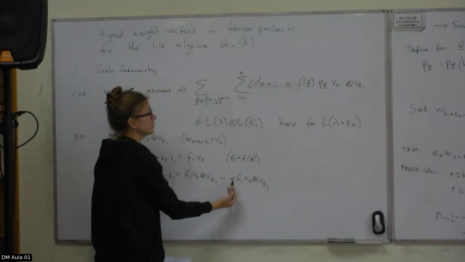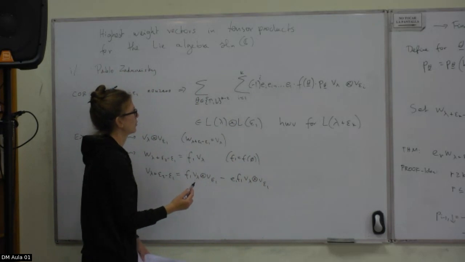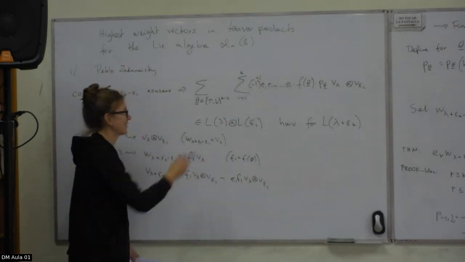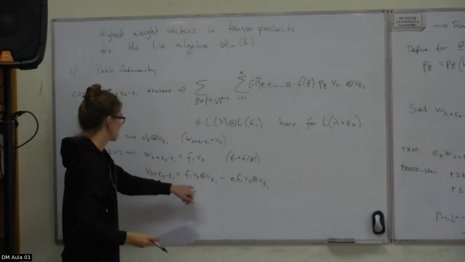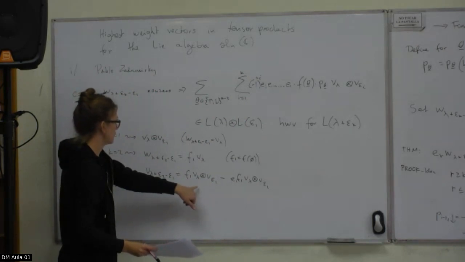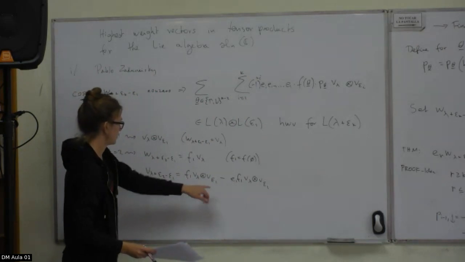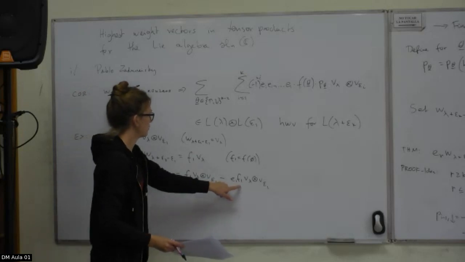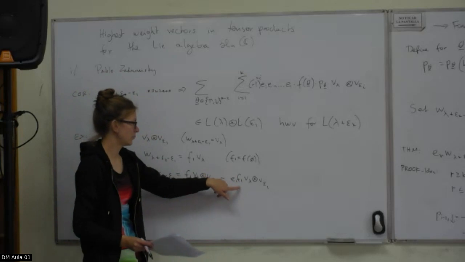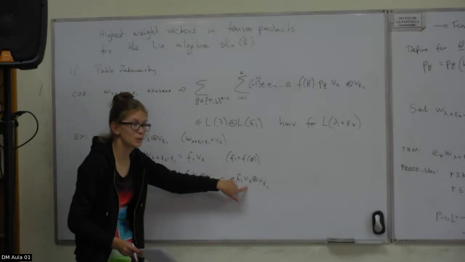This e1 is coming from here. Here one can already see certain room for simplification, because e1 f1 applied to v lambda is the same as h1 applied to v lambda.